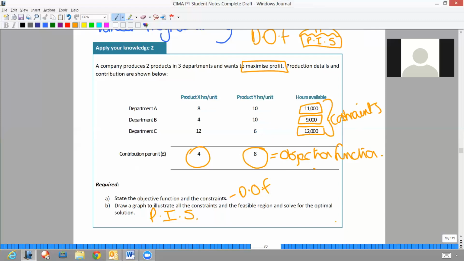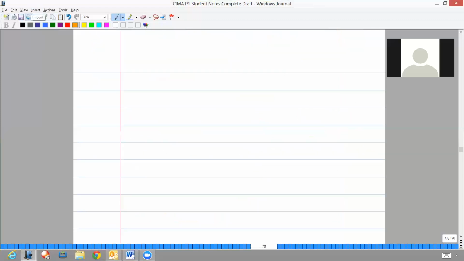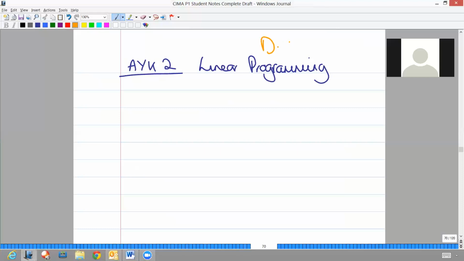But we'll keep it all written out neatly so that you can follow back on these numbers from a tutorial perspective. So we're undertaking Apply Your Knowledge To, which is linear programming. And we're going to start off then by just stating our steps. We've got DOF-PIEs.